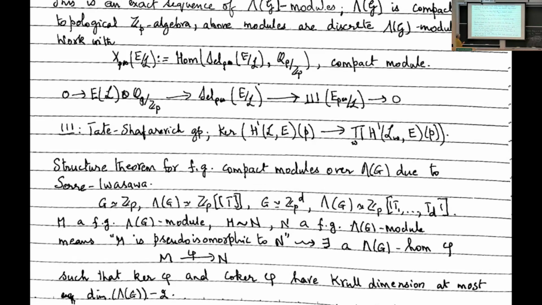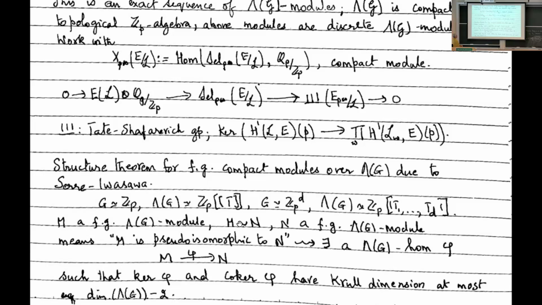So let me first deal with this case. So we have G is Z_p. So typically this occurs, for instance, when I take the cyclotomic Z_p extension. Then I mentioned that the Iwasawa algebra is thus the power series ring. And then you have a finitely generated Lambda_G module.